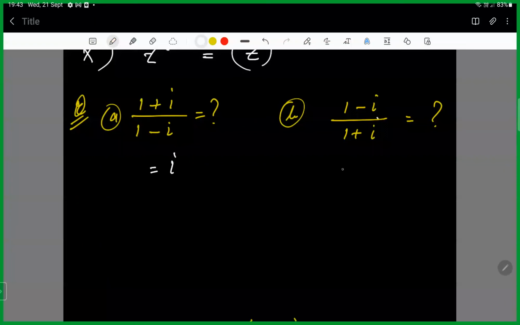Second one is minus I. Everyone got this? Got it? Trust me.